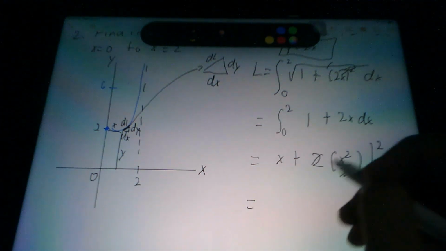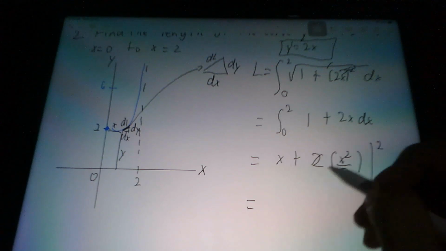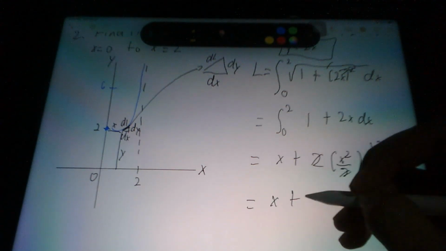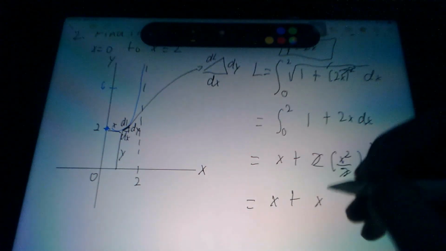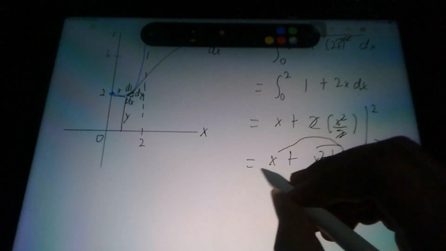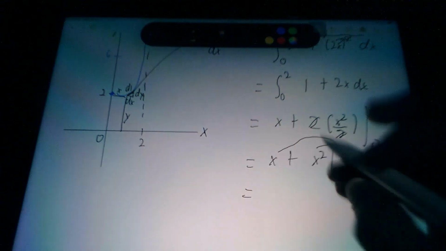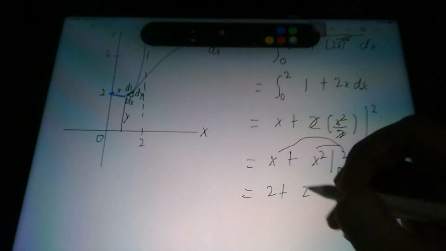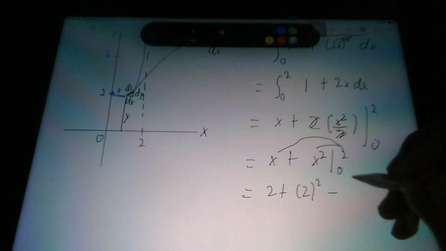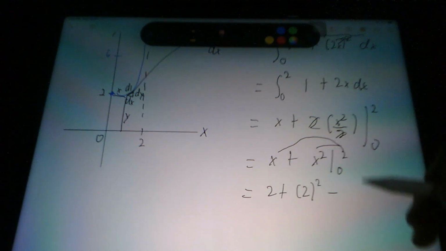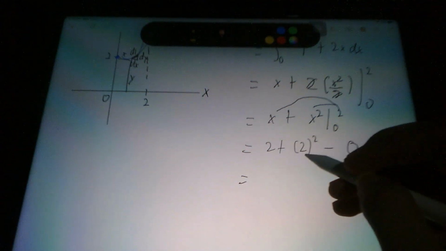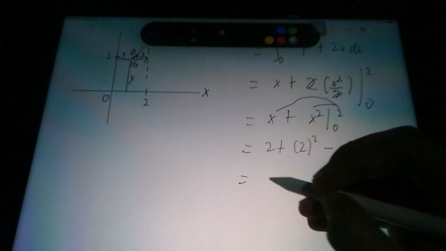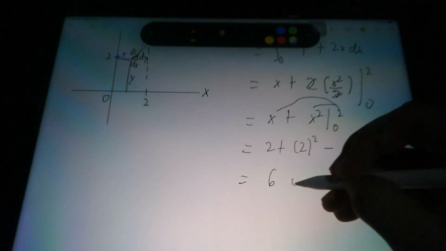By simplifying even further, x plus x squared from 0 to 2. Now we substitute the value of 2 for each of these x's. So 2 plus 2 squared minus 0, which is just 0. So our final answer is 2 plus 4, which is 6. So 6 units.